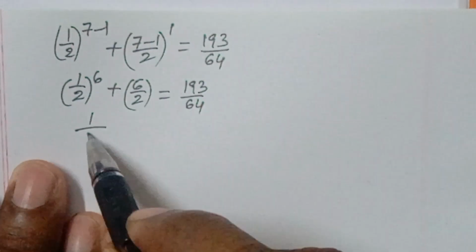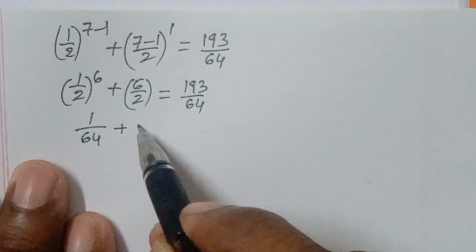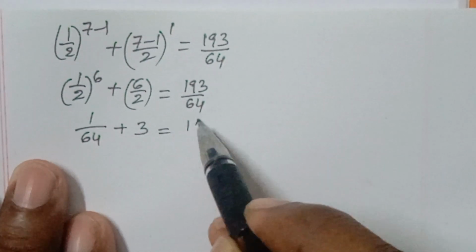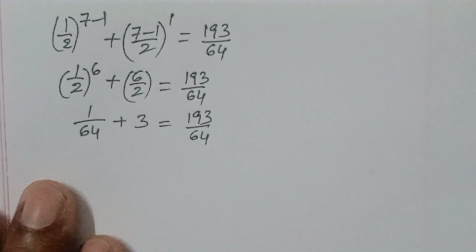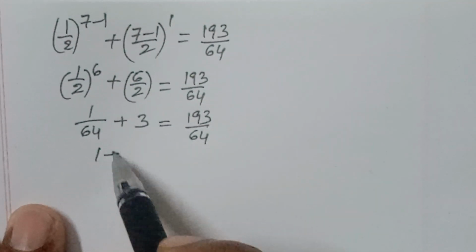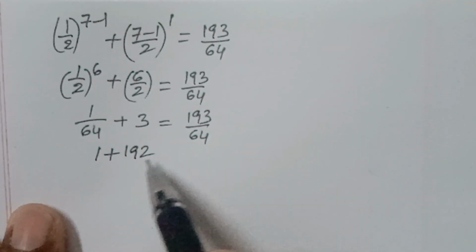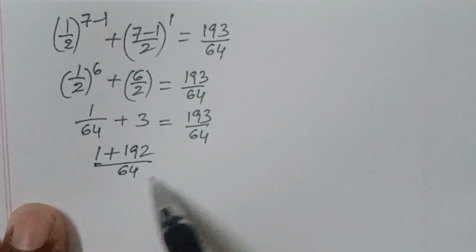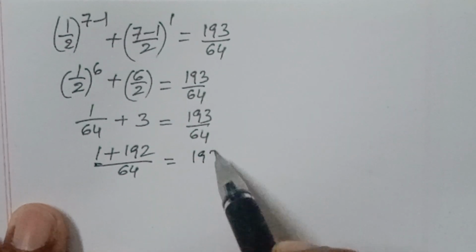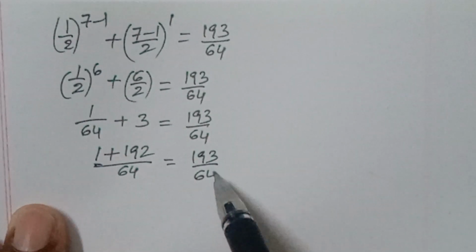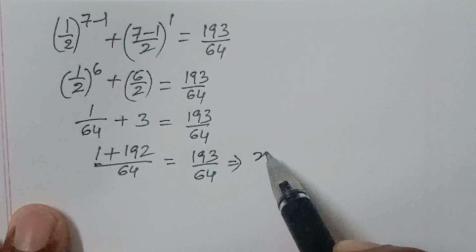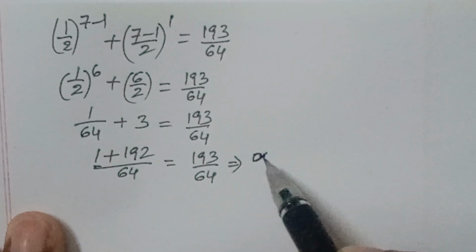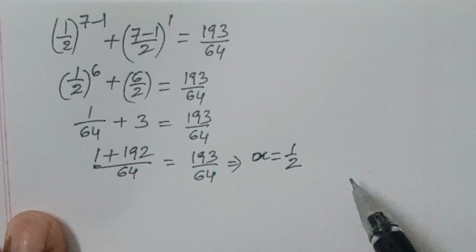So here 1 by 64 plus 3 equal to 193 by 64, so 1 plus 192 by 64 is equal to 193 by 64. Here LHS and RHS are equal.